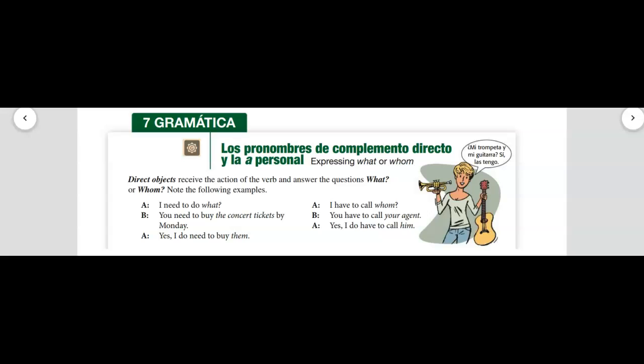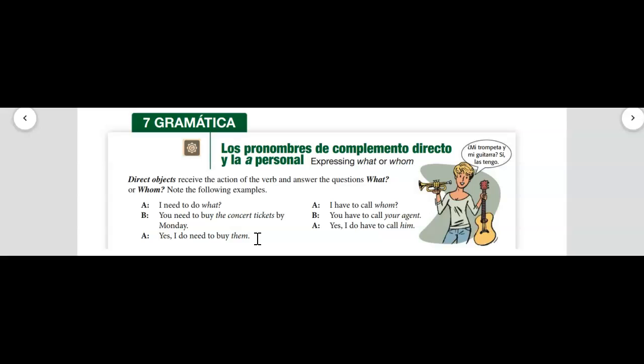Did you notice in the first example, in the last sentence, that you didn't say concert tickets? You only said, yes, I do need to buy them. Since we are having a conversation with another person, it is not necessary to say concert tickets again. It is understood that you're talking about concert tickets.